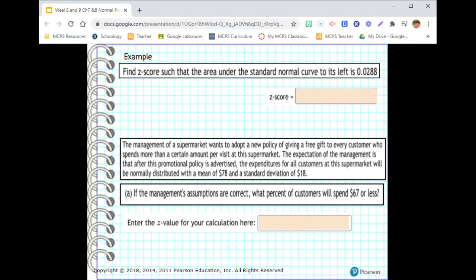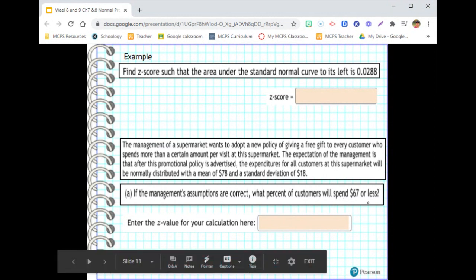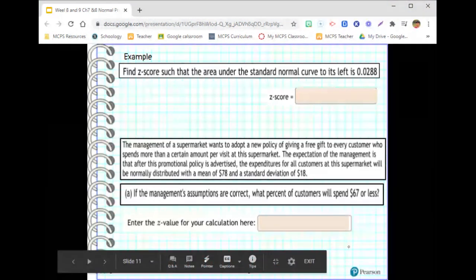Again, percent, area, probability, they are interchangeable. This is still talking about the area in the normal curve. As it says here, spend 67 or less.